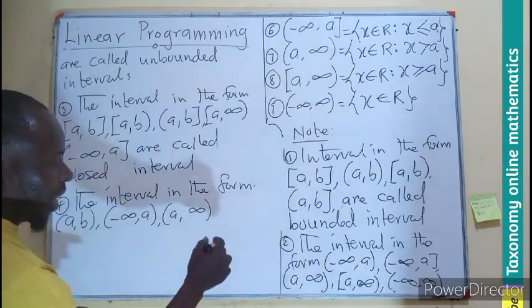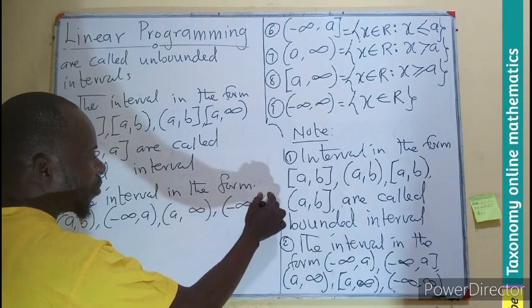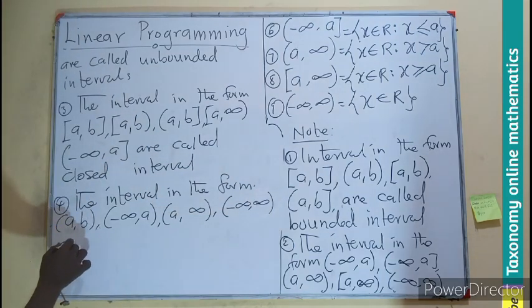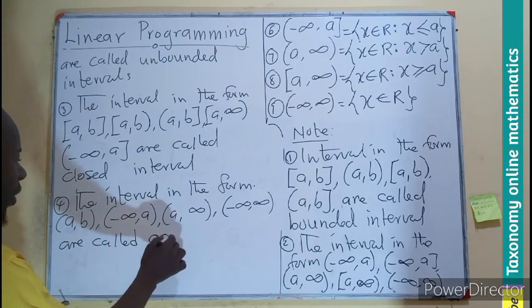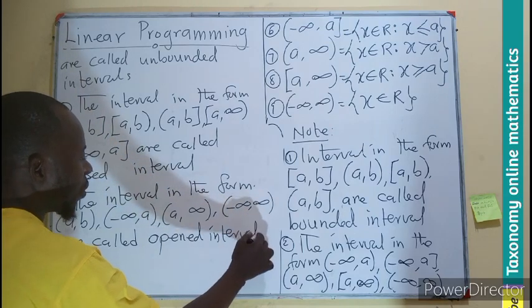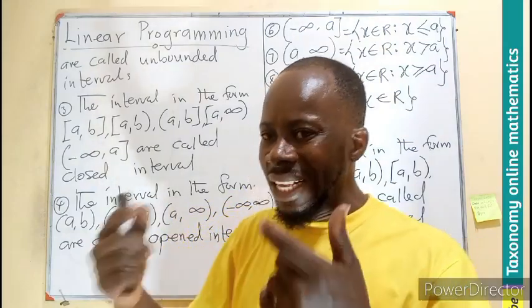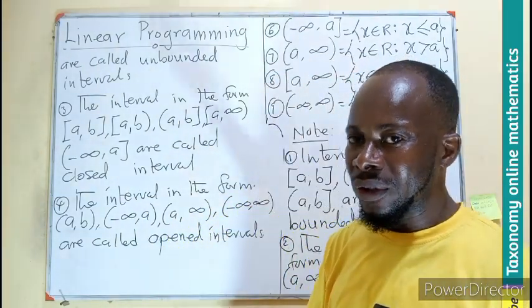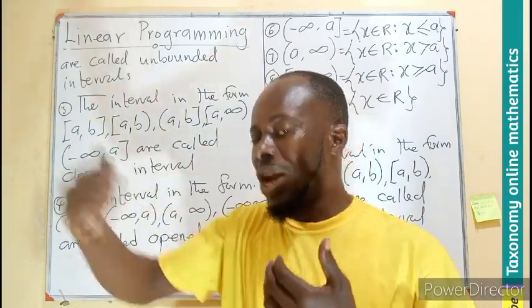The infinity is not part. Then we have negative infinity and positive infinity. So these are called open intervals.